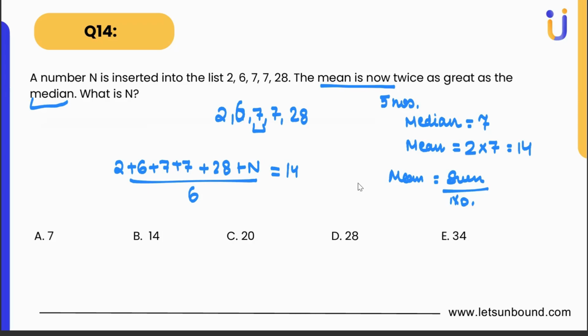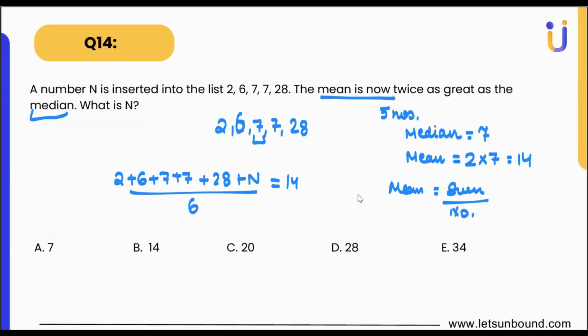I will add all the numbers and I will take n as the number that I have to add to it. I want to find out that number. Remember, median is the middlemost number, while the average is the sum of the numbers divided by the number of terms.